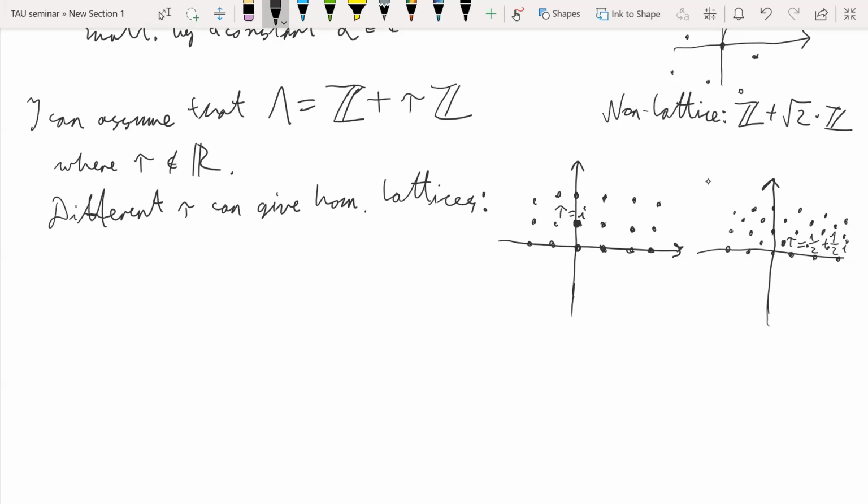Well, to get a homothetic lattice, which is also of this form, I have to pick out two basis vectors. So for example, let me pick out, say, this vector here and this vector here. So this is going to be a plus b tau for some a and b integers, and there's going to be c plus d tau. And I want them to be a basis.